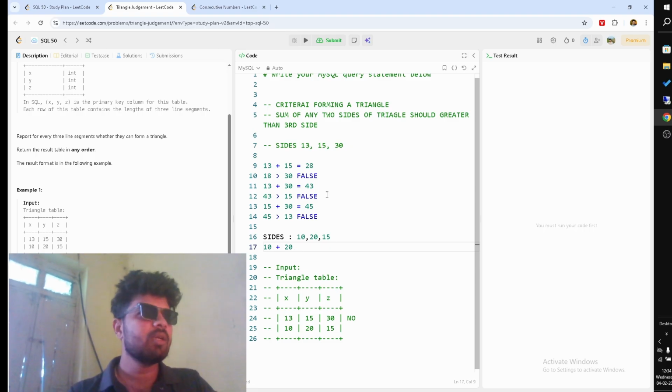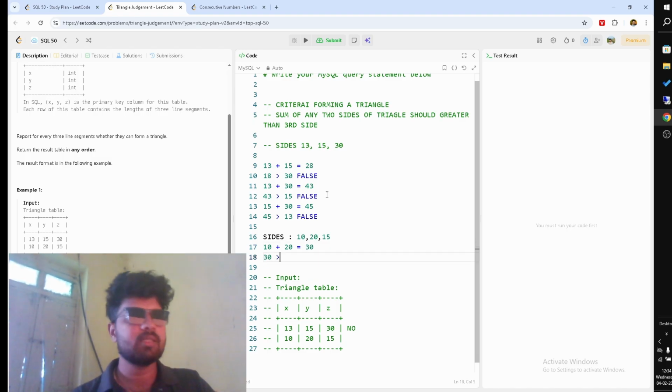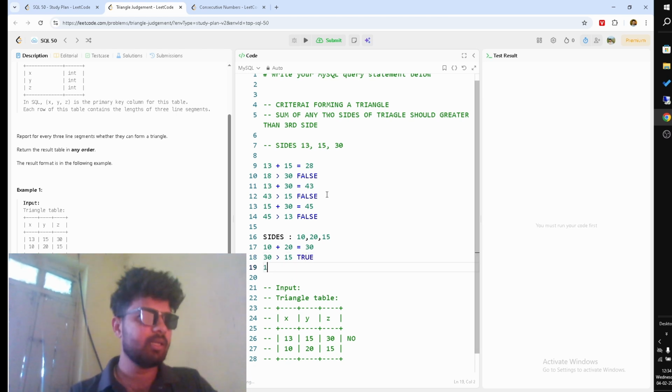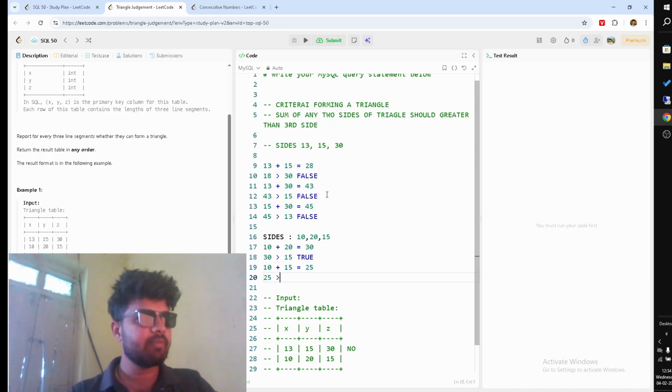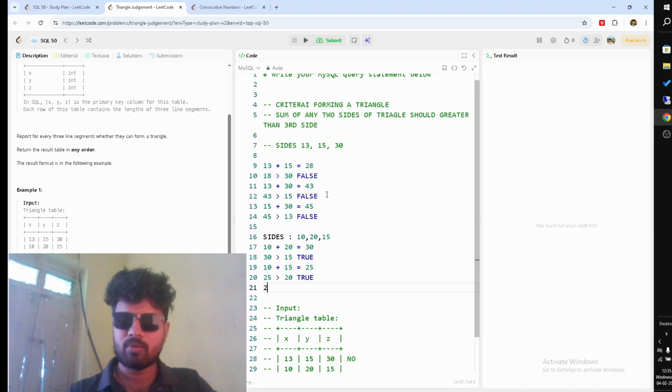Combining these two gives 30, and we compare 30 with the third side, 15, so it is true. Next, 10 plus 15 is 25, and we compare that sum with the remaining side, 20, so it is true here as well. Now 20 plus 15 is equal to 35.